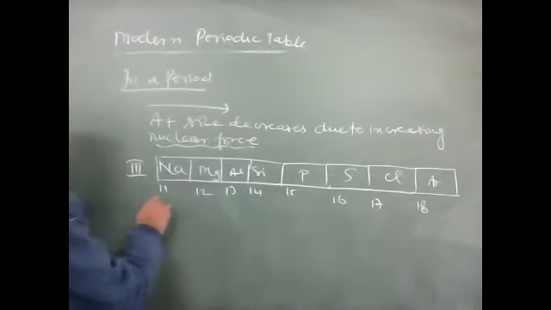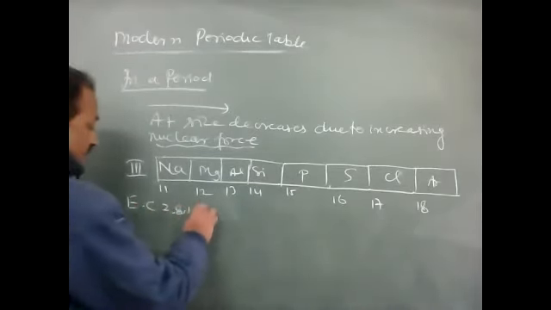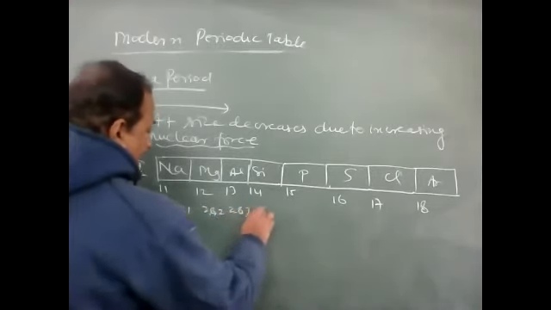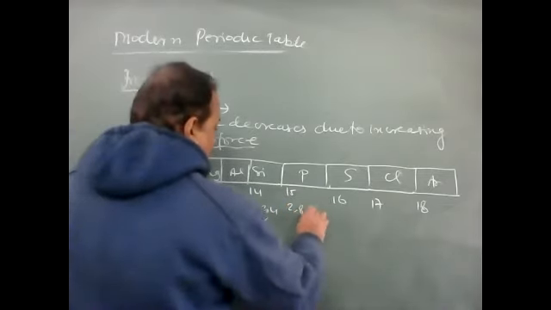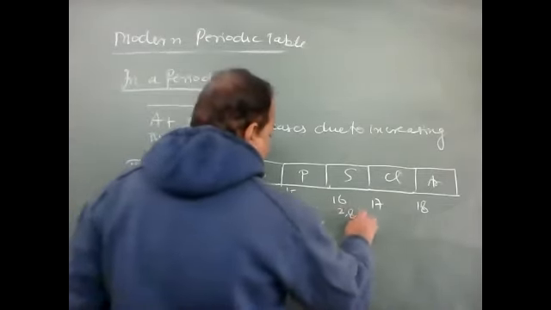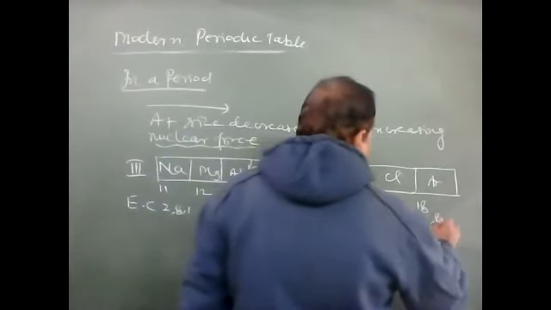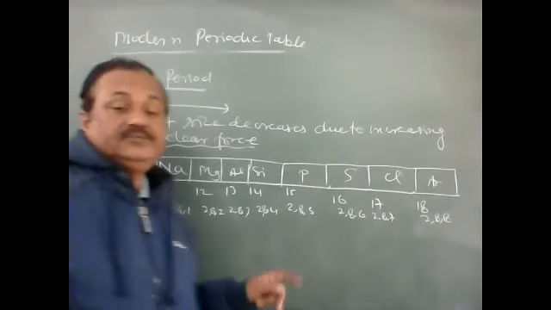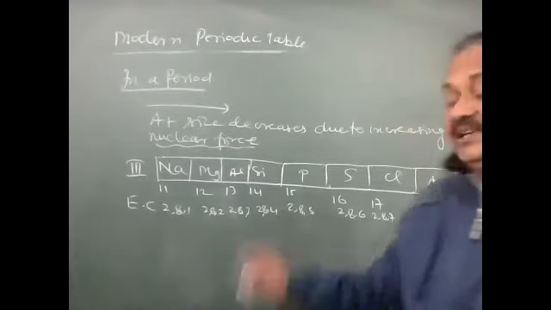Here, electronic configuration 2, 8 and 1; 2, 8 and 2; 2, 8 and 3; 2, 8 and 4; 2, 8 and 5; 2, 8 and 6; 2, 8 and 7; 2, 8 and 8. So, the number of electrons and the number of protons both increase.